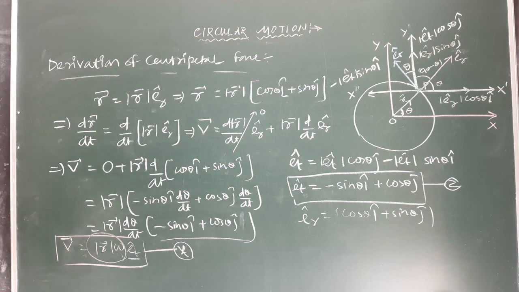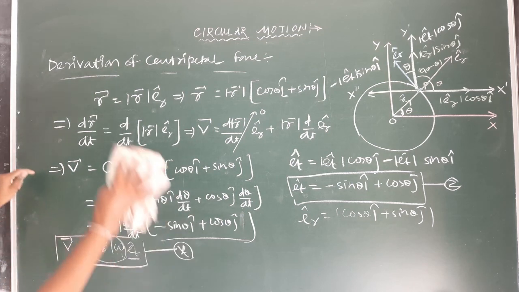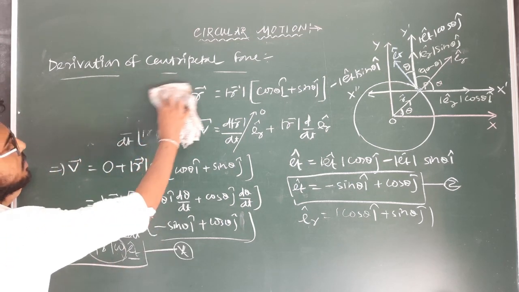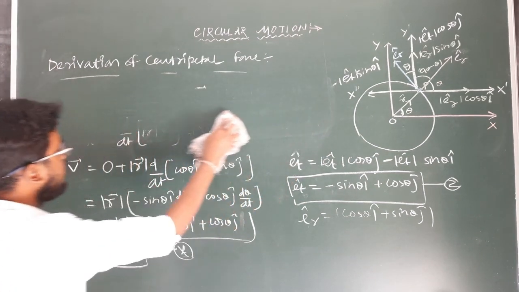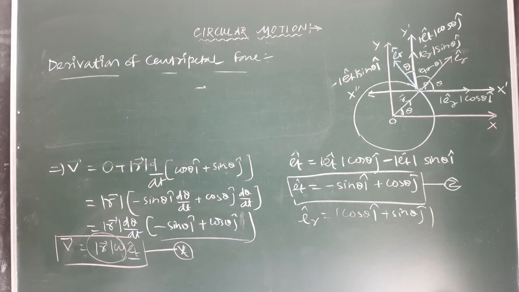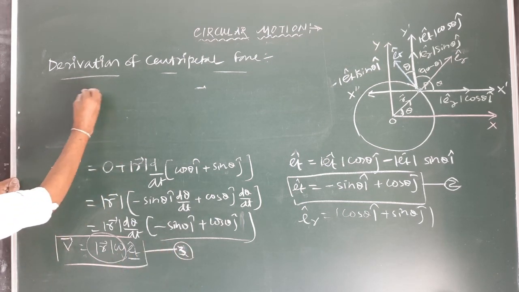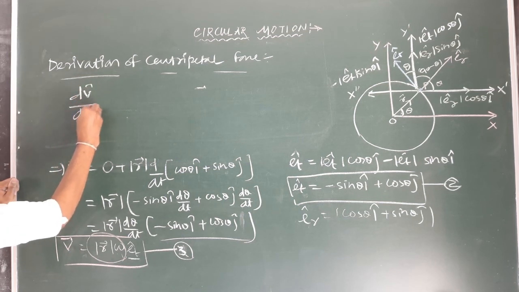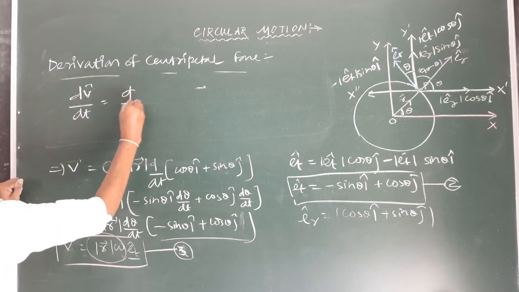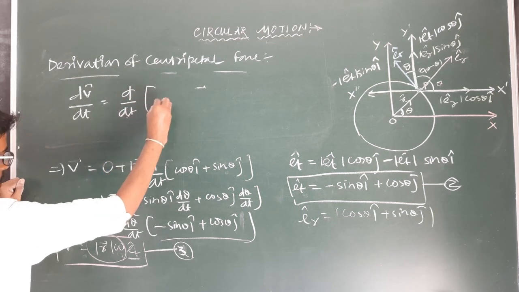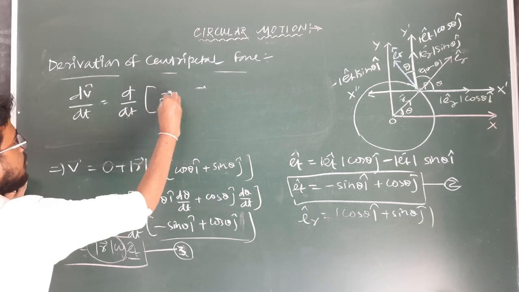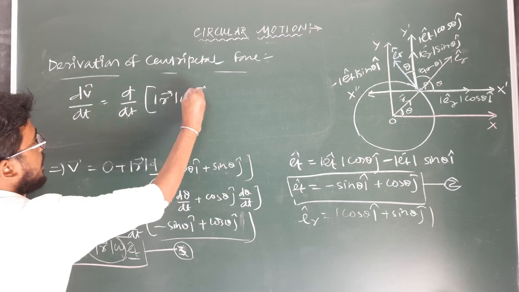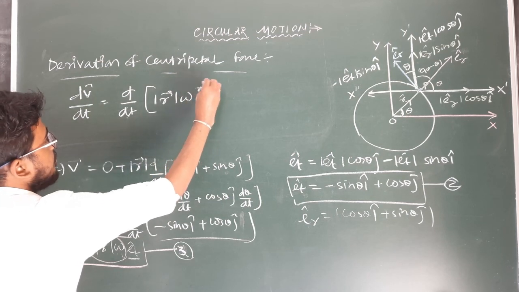Clear? So now we already have velocity, but we have to find the acceleration. So again we have to differentiate this equation. Let it be equation 3. Now differentiating equation 3, we will get dv by dt equal to d by dt of |r vector| omega Et cap.